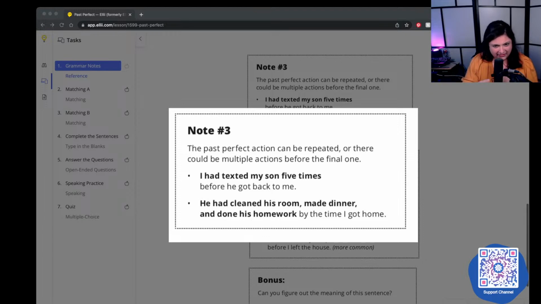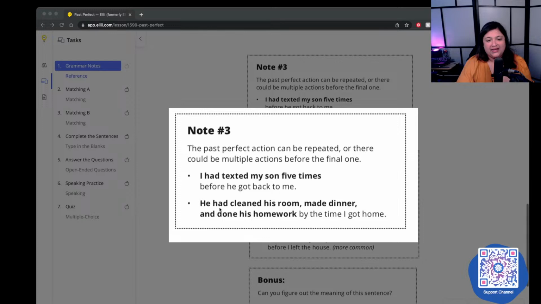Another example is this, as I mentioned, it could be multiple actions before the final one. He had cleaned his room, made dinner, and done his homework by the time I got home. How is this in the past perfect?